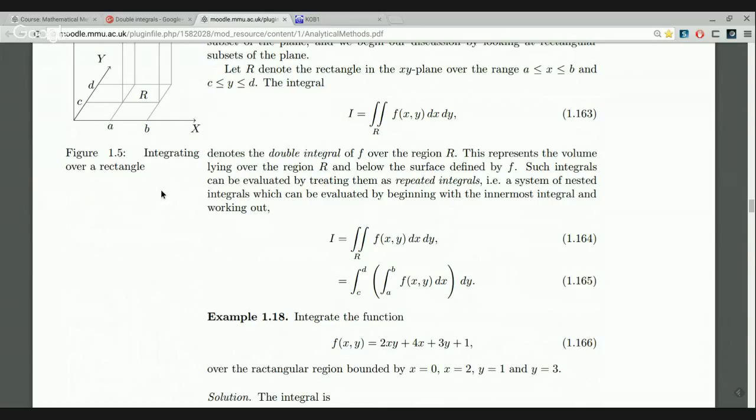So when we think of it as the double integral, this whole inner integral will in general be a function of y.